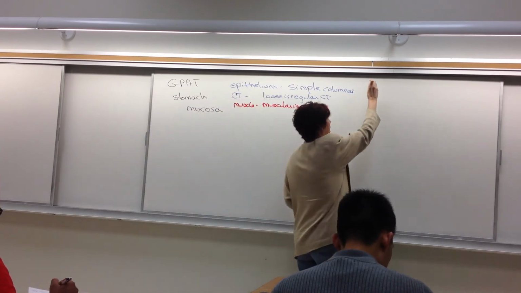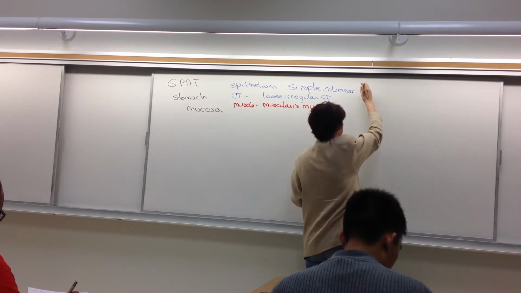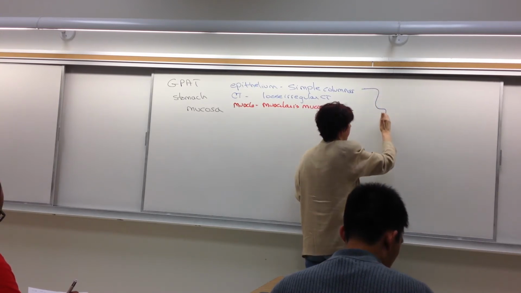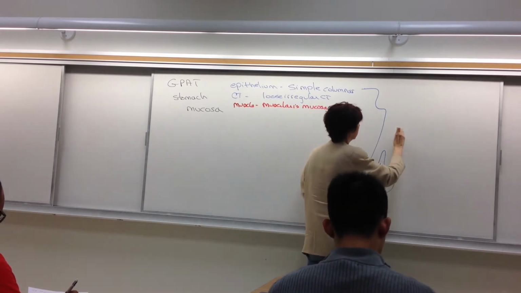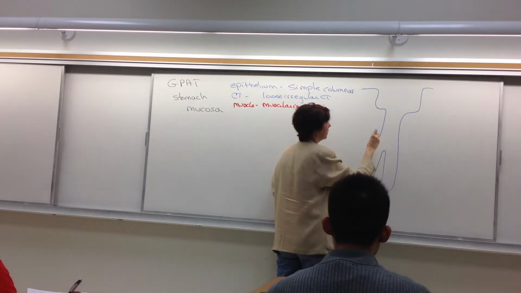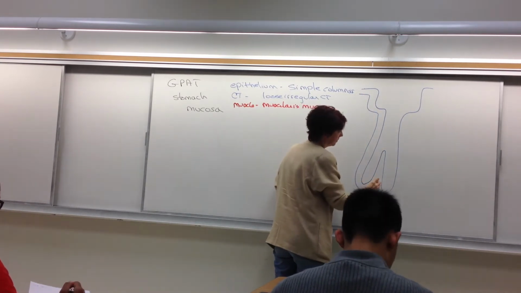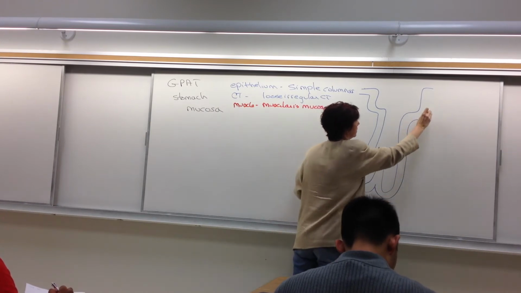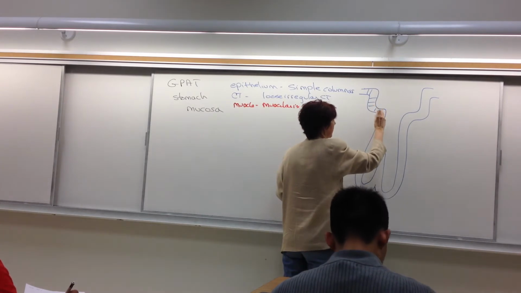And again, I'll draw a little bit larger our mucosa. So we have these gastric pits. And simple columnar epithelium. Just suggest it here as we go through.